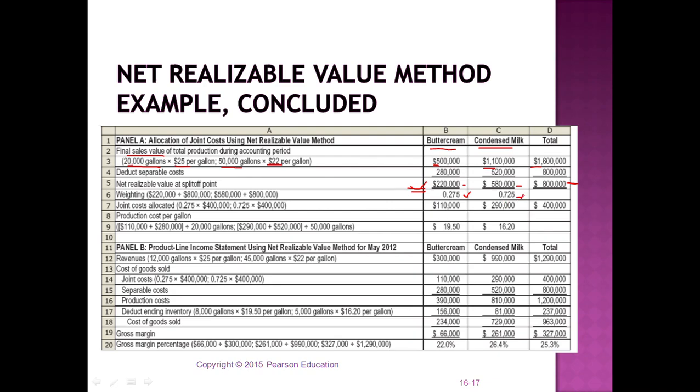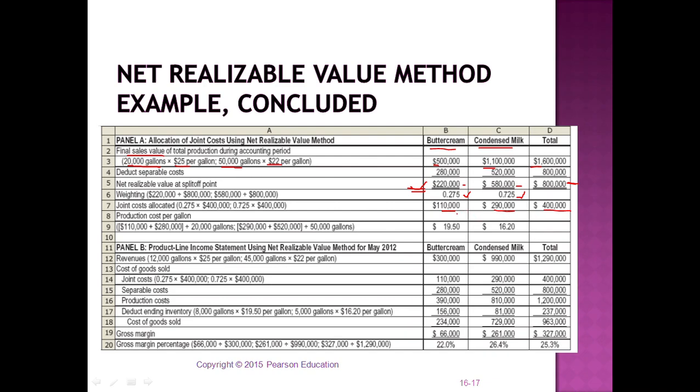You're going to use this percentage to distribute the joint cost among the joint products. So this 400,000 would be distributed 27.5% to buttercream and 72.5% to condensed milk. Okay, so this is the amount of distribution, and we can also calculate per unit.